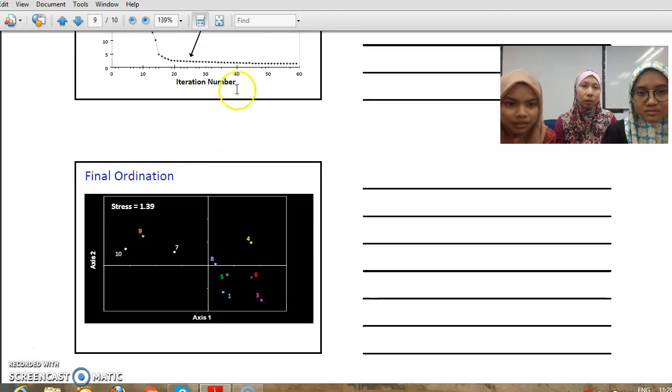From the plot above, we can see the lowest value of stress is 1.36. Using this 1.36, we can observe that there exist 2 dimensions, this will be the first dimension and this will be the second dimension.